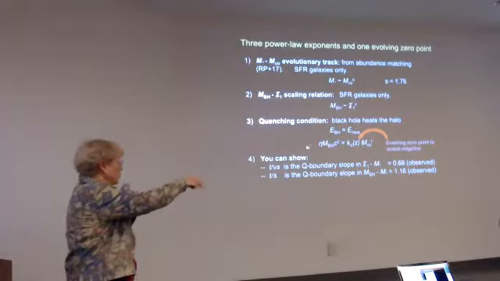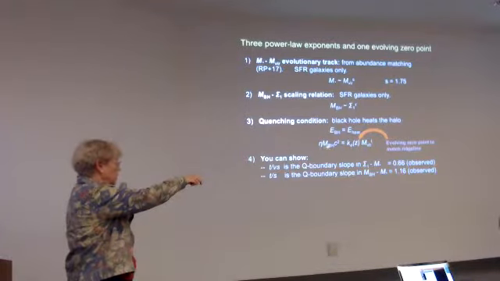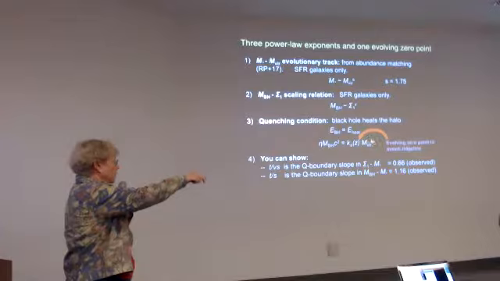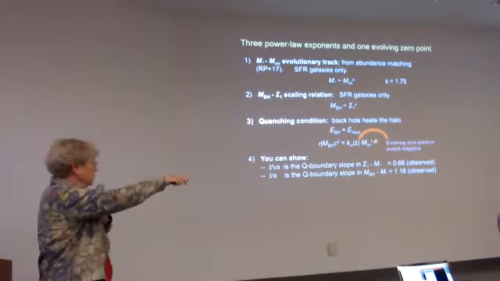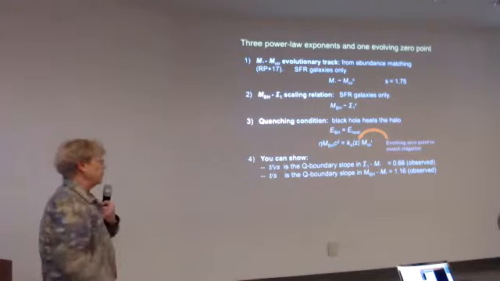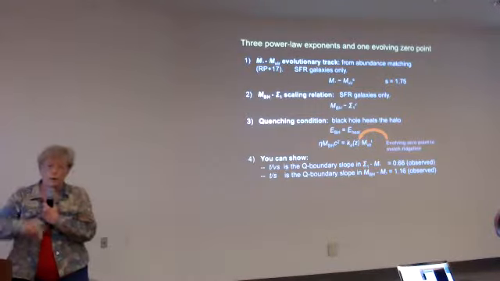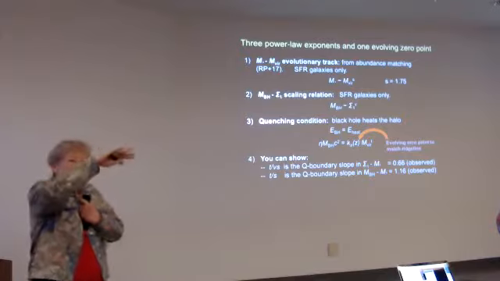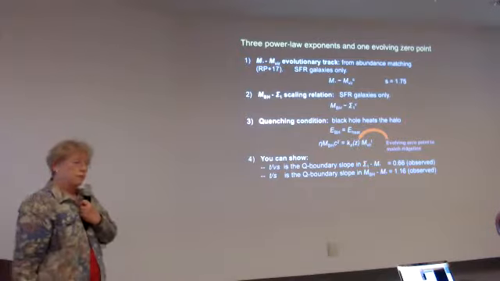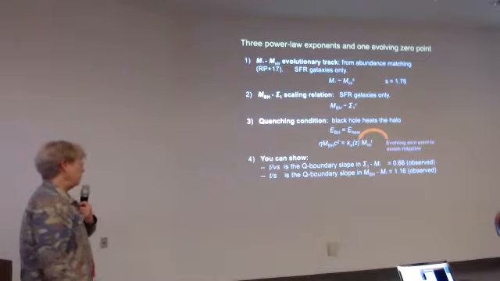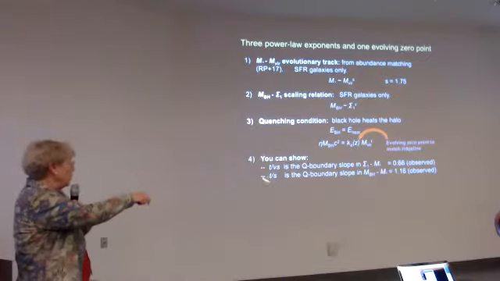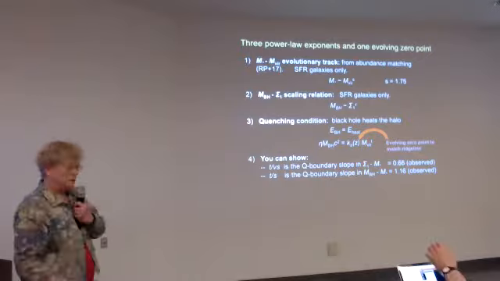So the usual formula is on this side, and then this is assumed to be a power law of virial mass with power T, and there's an evolving zero point. The zero point needs to evolve because of the 0.3 dex evolution in the ridgeline of the quenching boundary. Now, you can show that these things are equal to these things.